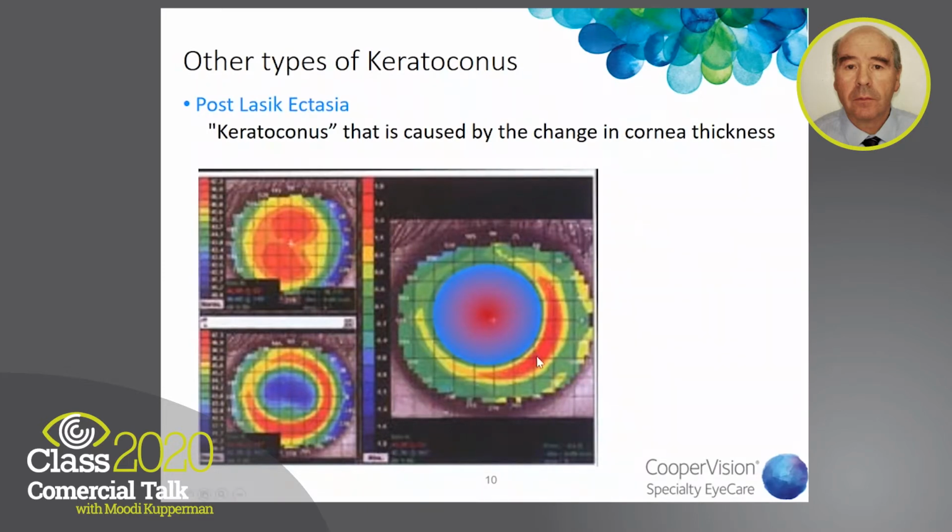It seems like orthokeratology, but what happened is that the ophthalmologist took out some tissue from the center of the cornea, the intraocular pressure pushes the cornea out, and we get here some ectasia that looks like a keratoconus.